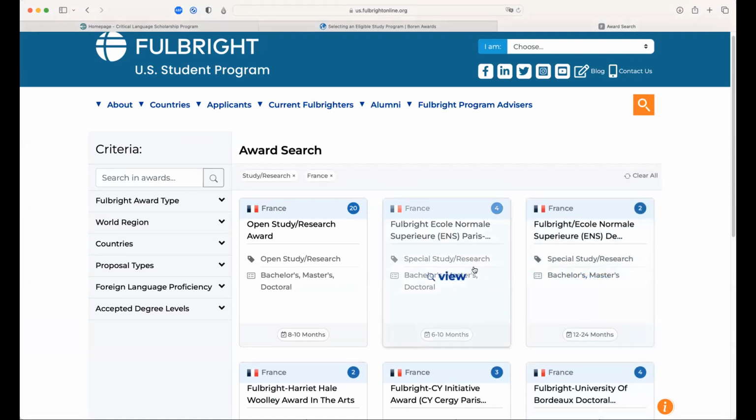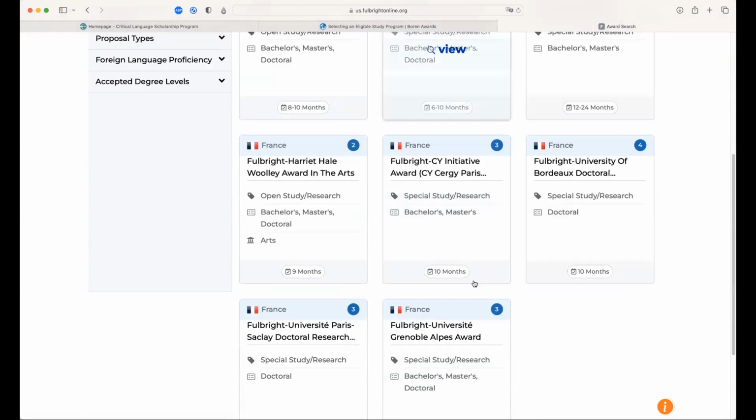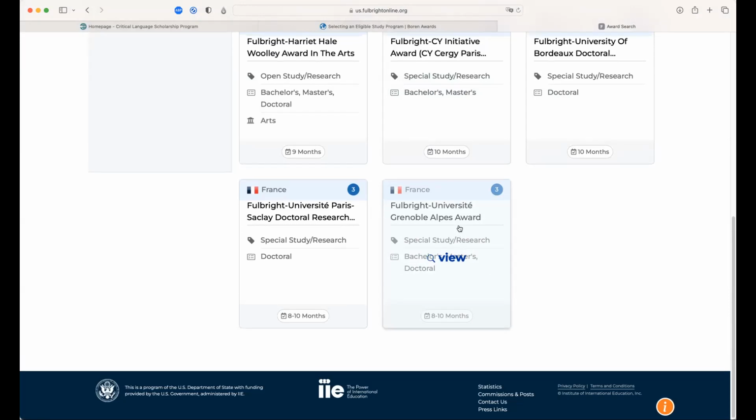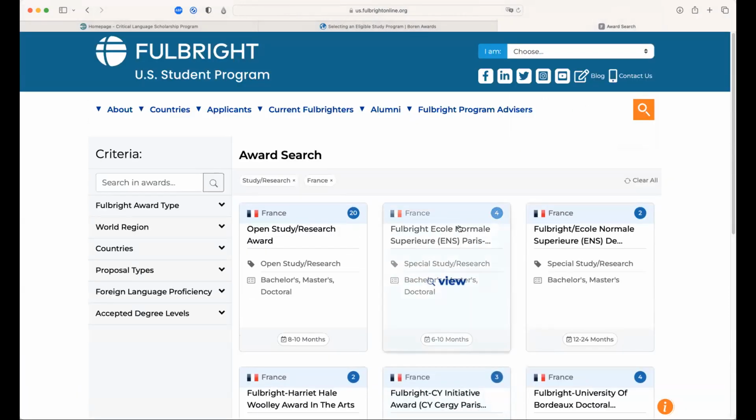The École Normale Supérieure is in Paris. That's one of their most prestigious universities. But there's also, for example, this opportunity in Grenoble. And often the big cities are the ones where there's the most competition.